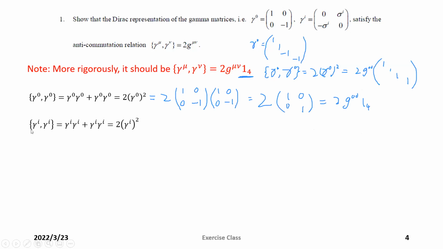And similarly, we can consider gamma i. We can use this 2 times 2 block directly, and it should be like this.